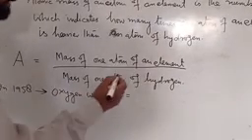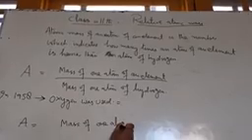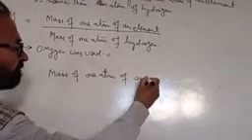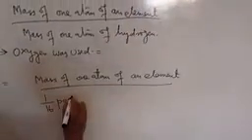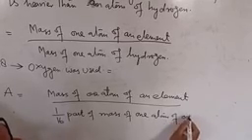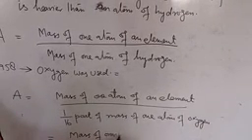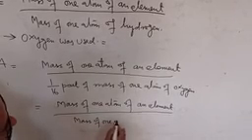So atomic mass is equal to mass of one atom of an element over 1/16 part of the mass of one atom of oxygen, or we can write it as mass of one atom of an element divided by mass of one atom of oxygen into 16.